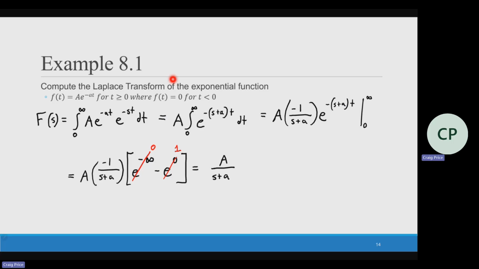I have my constant, and notice this A correlates to that A. This is an S plus A when we have an e to the negative AT. So if I have a negative AT, that means I have an S plus A. So that's the correlation there.